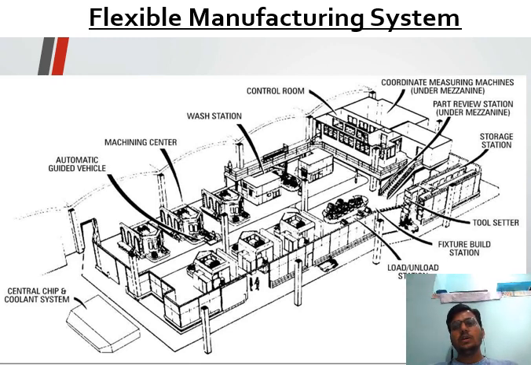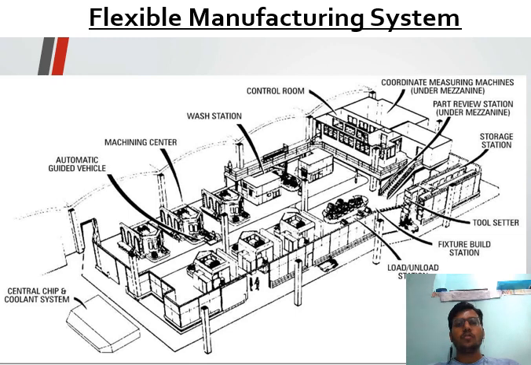This area is used as the storage station, where we can store the end products. Here we have different kinds of tools and fixtures moving through a conveyor. Then we can load and unload them at the loading and unloading stations. All these are connected by automated guided vehicles, AGV.